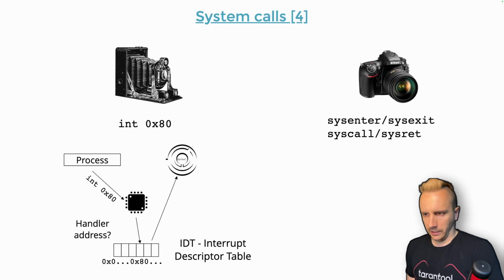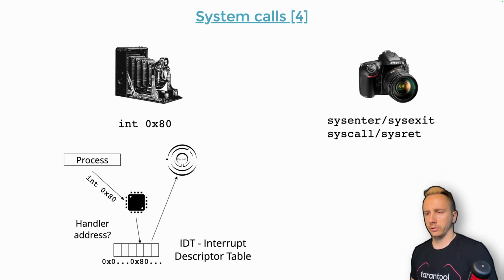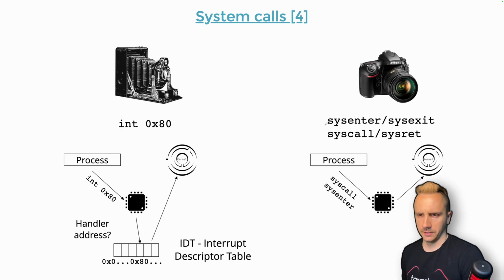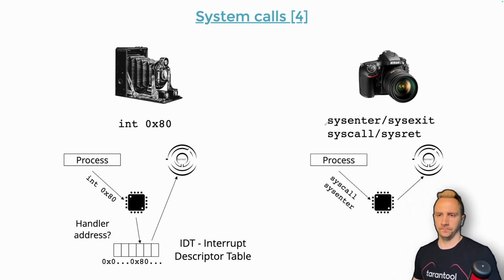The second way to execute system calls is more modern. It is faster and requires fewer steps, but the principle is the same. It's a special instruction called sysenter or syscall, and the main difference is that it just skips the lookup of the interrupt handler.